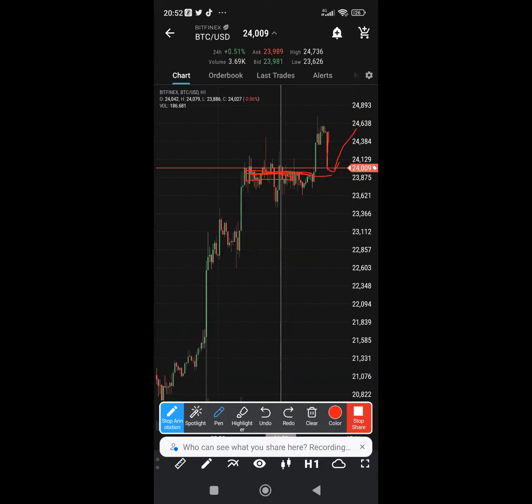Or if the red continues and continue hitting, going too low, it's only safe for you to run away and take out your money. So you see how we trade. It's not rocket science. It's just simple principles.